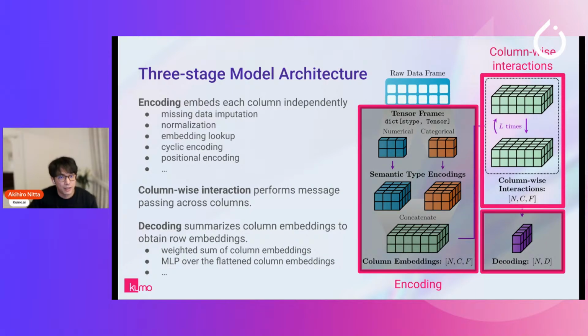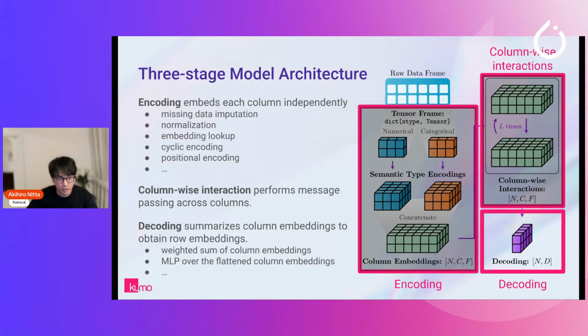And the second part is column-wise interactions, which basically mixes each column's representations across columns to get the final embedding per row. And the last part of the modeling is called decoding.